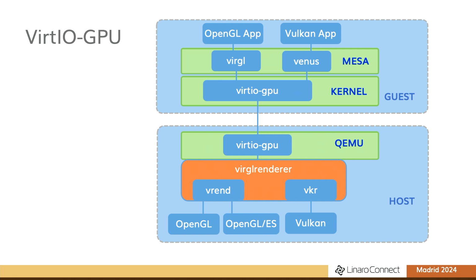Virgil is older, so it makes use of various ioctls for communicating with the VirtIO GPU. These are I/O controls for creating resources, creating context, creating a buffer for sending commands down to the GPU on the host. But some of these I/O controls are probably too much and you probably don't need all of them. Indeed, that's what Venus is doing.